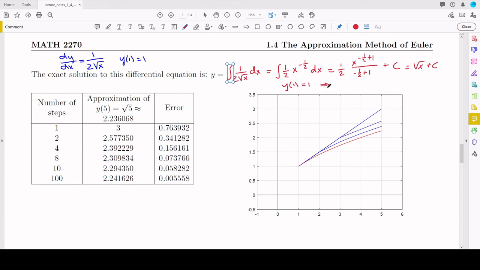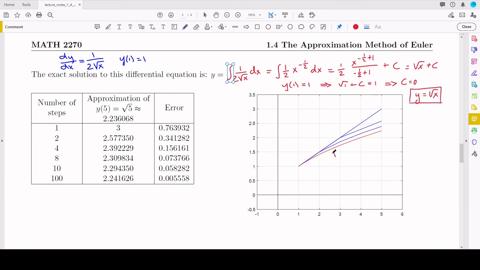And so it follows that if you plug in 1 here, you get square root of 1 plus c, that must equal 1. And so subtracting 1 from both sides tells us that c equals 0. And so the true solution is y equals square root of x.